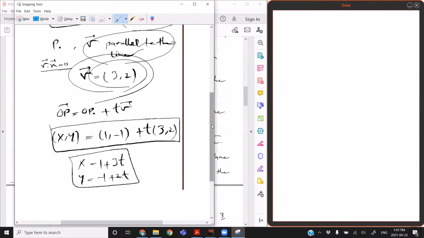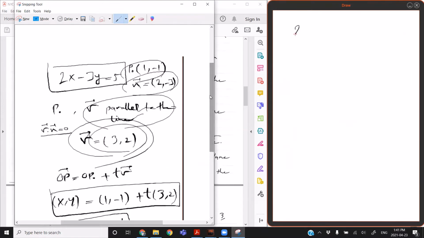So the equation of the line is 2x minus 3y is equal 5. Imagine I ask you to solve this as a system. If this was a system, what would you do? Imagine this is just a system of two unknowns, x and y, with only one equation.